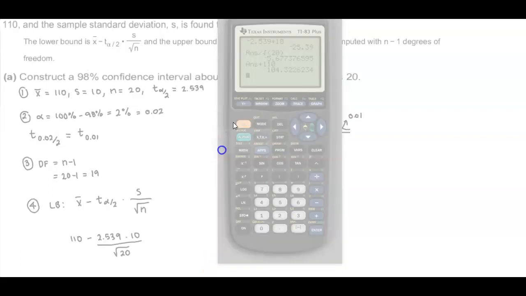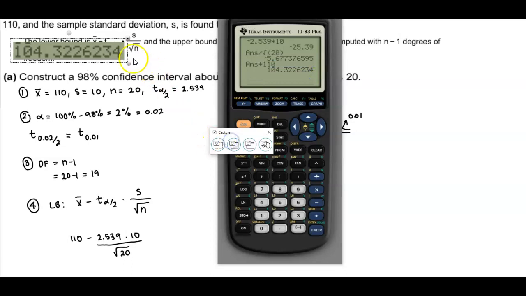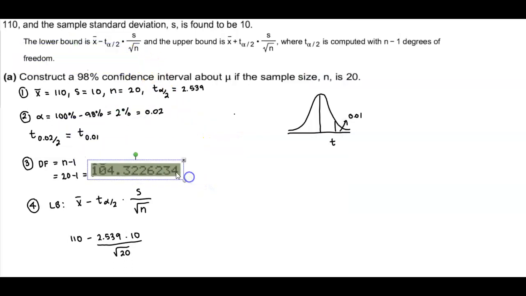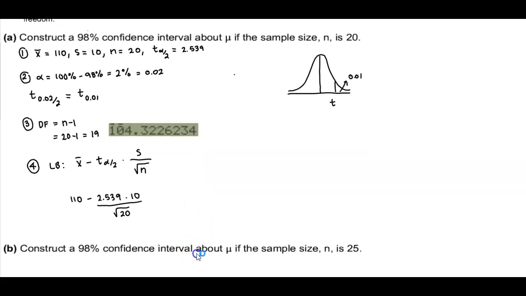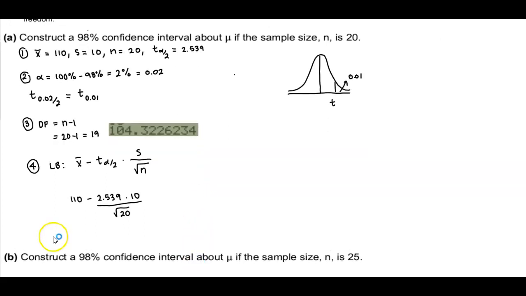Let's take a look at that number. So we can say that the lower bound is approximately 104.3. Now let's find the upper bound.